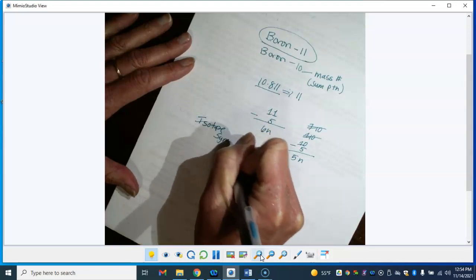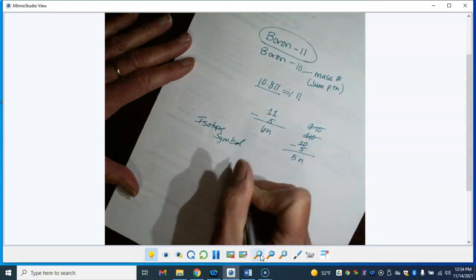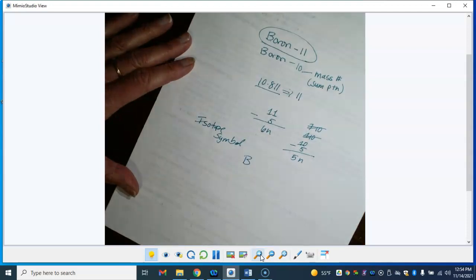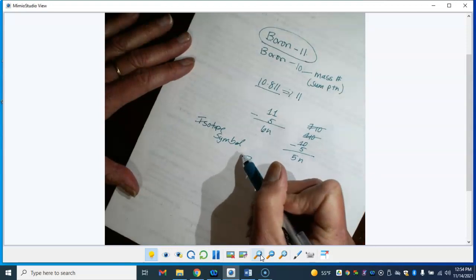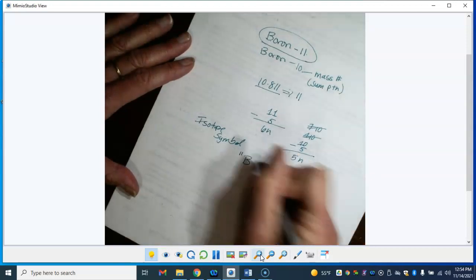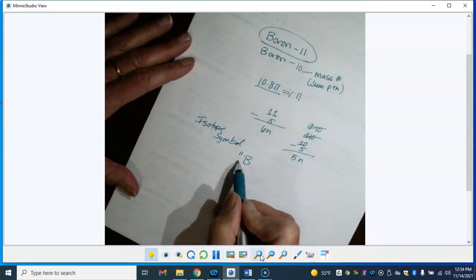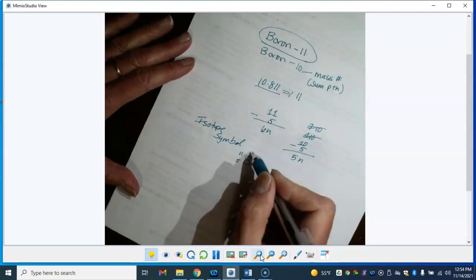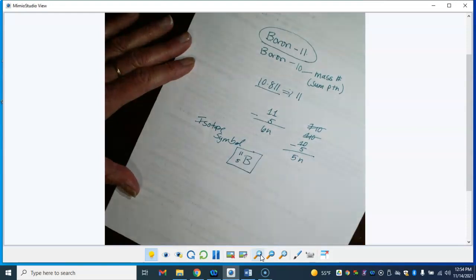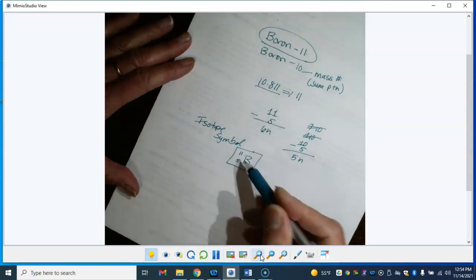I take the elemental symbol, and the mass number goes right on the top. I'm going to put 11 here, and then I put my atomic number right down here. This is the isotope symbol for boron 11.